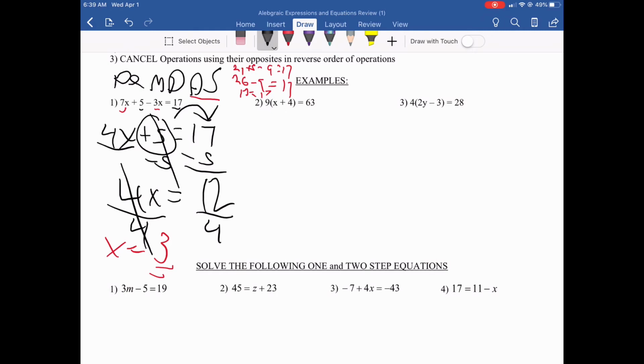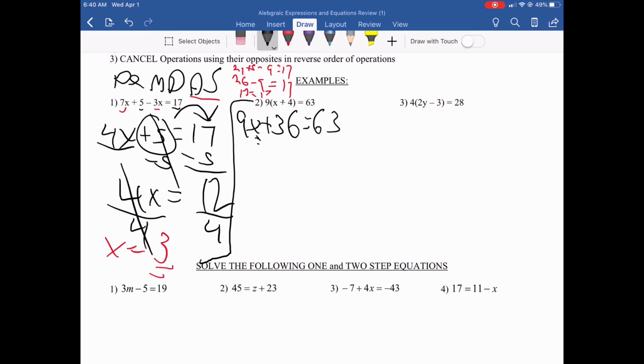So 9 times x is 9x. 9 times positive 4 equals 36. And this whole equation equals 63.